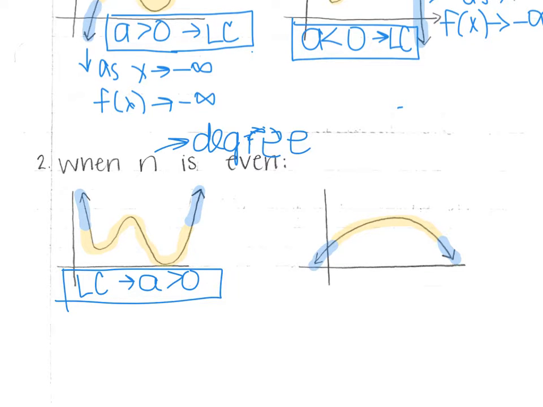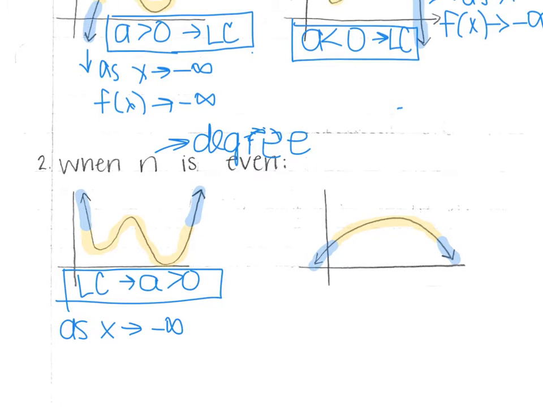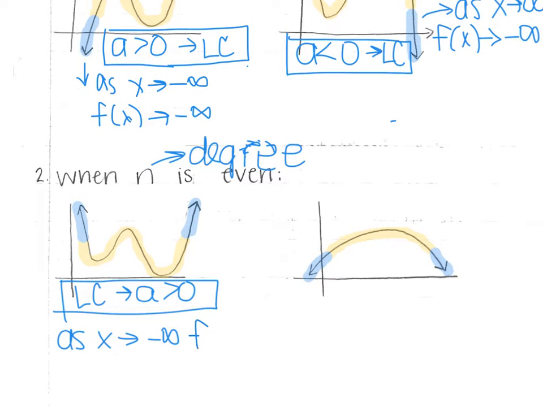So both ends of our parabola are pointing in the positive direction. What this means is as x approaches negative infinity, f of x approaches positive infinity. And as x approaches positive infinity, so as x gets bigger and bigger, f of x is still getting bigger and bigger.